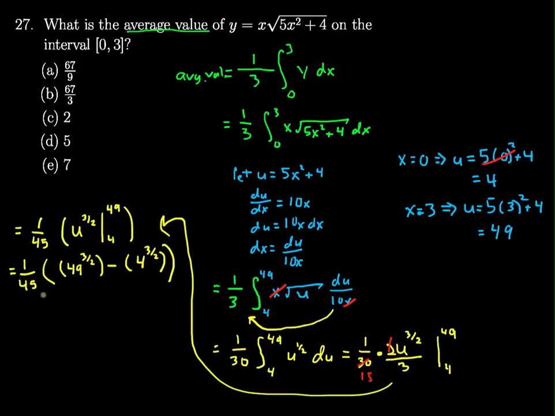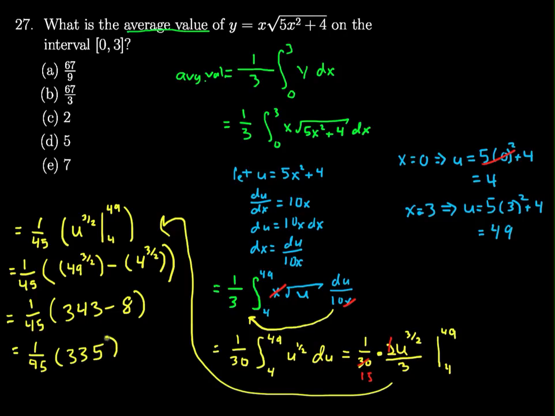It's 343. You can do it longhand if you really have to. So that's going to be equal to 1 over 45 times 343 minus, let's see, the square root of 4 is 2, cubed is 8. 343 minus 8 is going to give me 335, so I'll have 1 over 45 multiplied by 335.